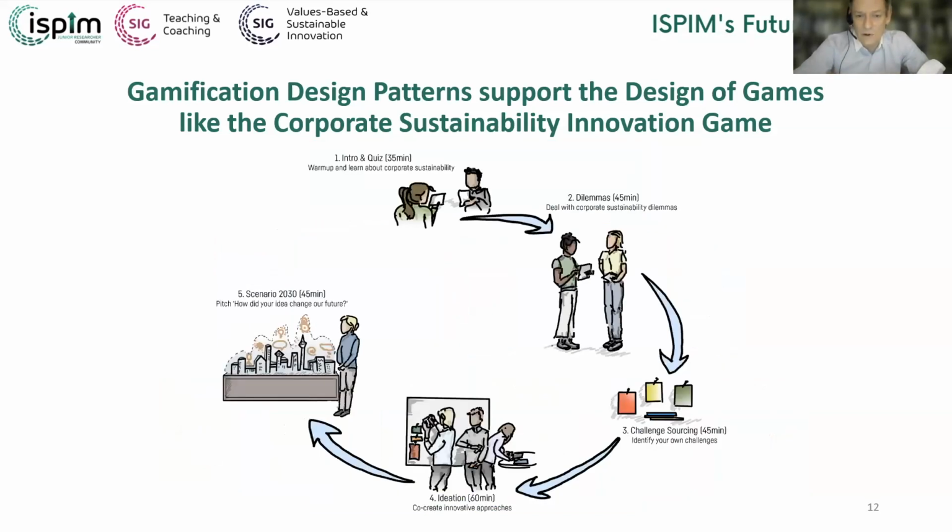And the way it works is that it introduces the topic of sustainability for the organization with a little quiz. You have to, I don't know, identify who said famous things. Was that Greta Thunberg or Donald Trump making certain claims about sustainability, for instance? In order to get into the topic, familiarize with it, then you're facing certain dilemmas. For instance, on the system level, right?